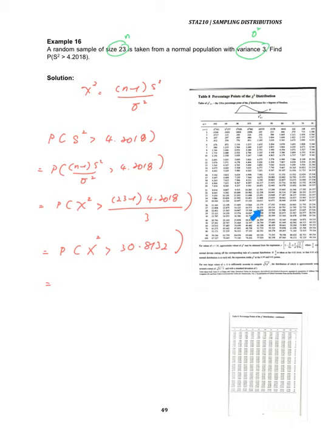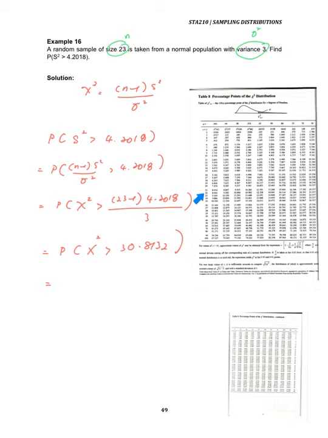Hint dia, V dia adalah 23 minus 1, so you refer to V equals 22. Tengok ada tak value 30.813.